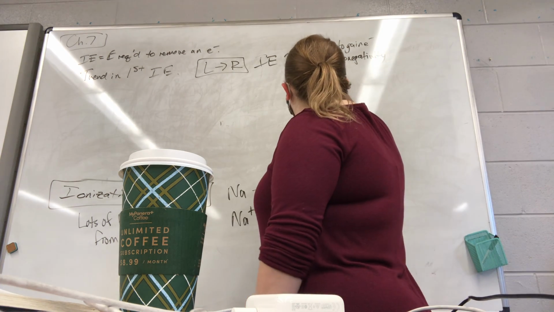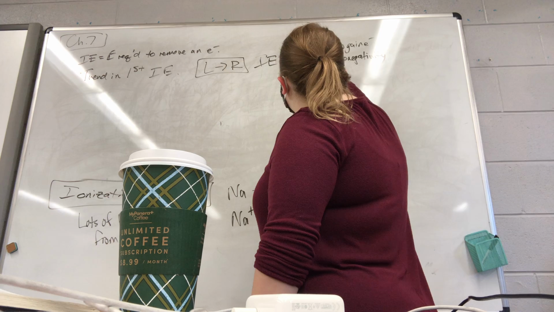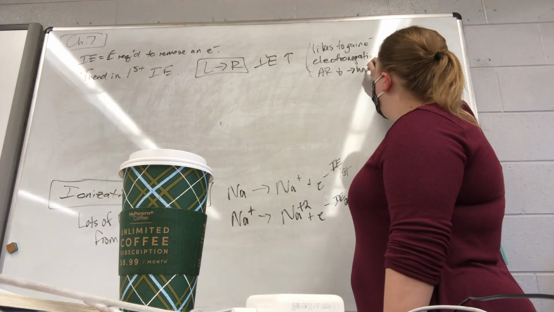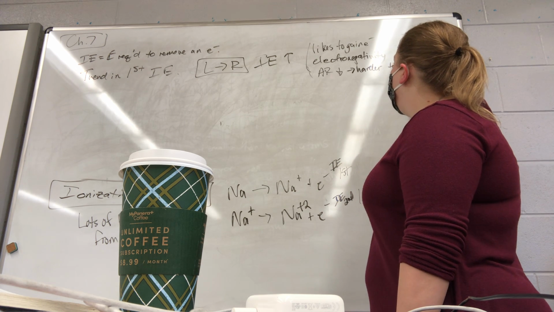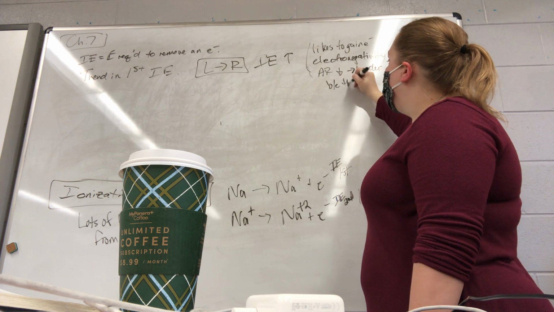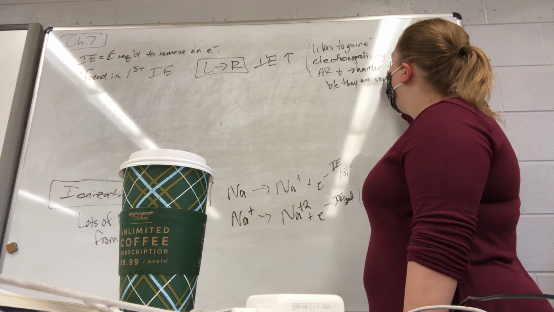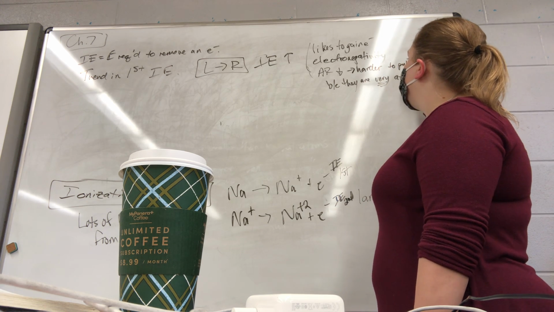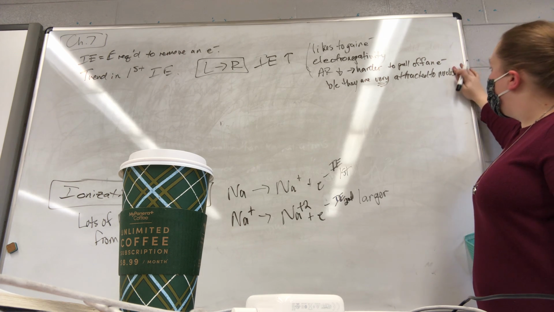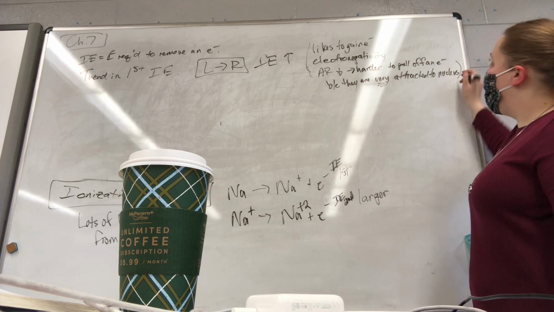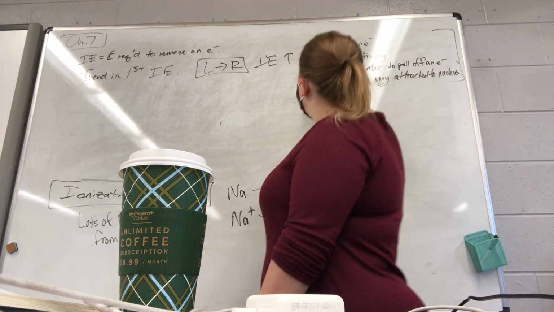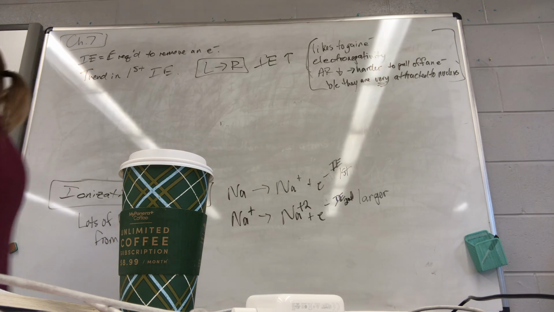As you move left to right, atomic radius goes down, right? And so since things are closer to the nucleus, harder to pull off because they are very attracted to the nucleus. Okay, so there are a lot of reasons you could give me as to why the trend is what it is.